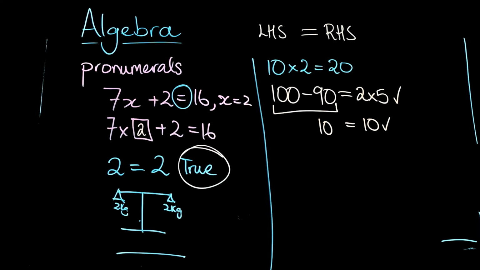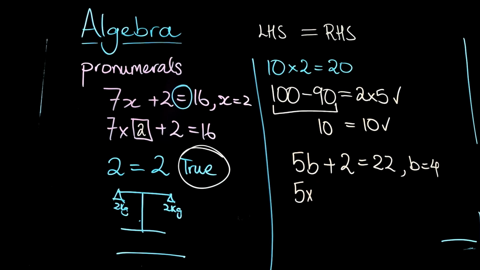Now, in the exercises, you're given some algebra. For example, you've got 5b plus 2 is equal to 22. Okay, and in there you're told b is equal to 4. So I would just encourage you to write a statement like that when you see it. And now you're going to do the substitution step. Now, here's another little reminder about algebra. This is an implicit multiplication.